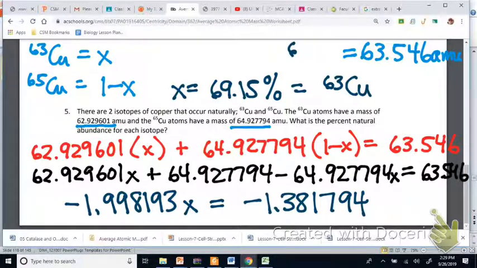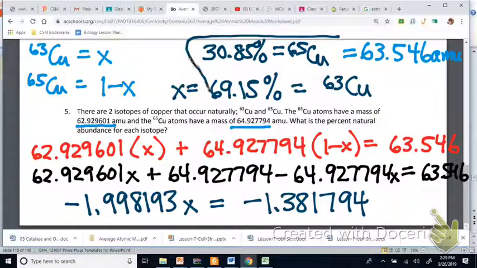Since they both have to add up to 100, that means the abundance of copper 65 is 100% minus 69.15. So that will be 30.85%. And I've solved for the percent abundances of both of these isotopes.